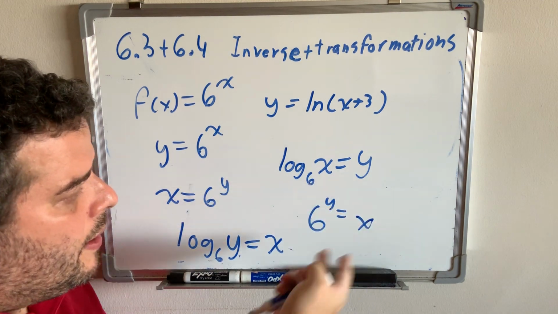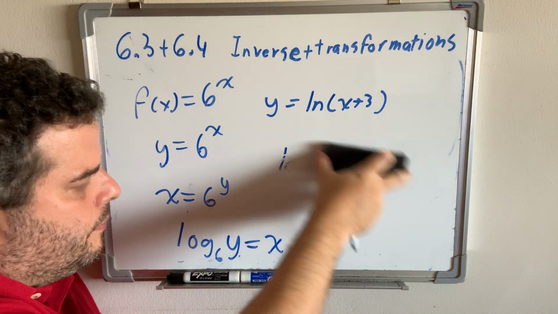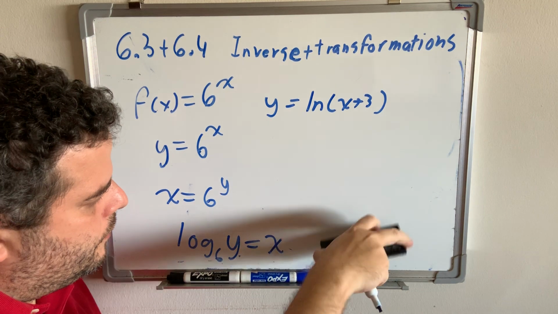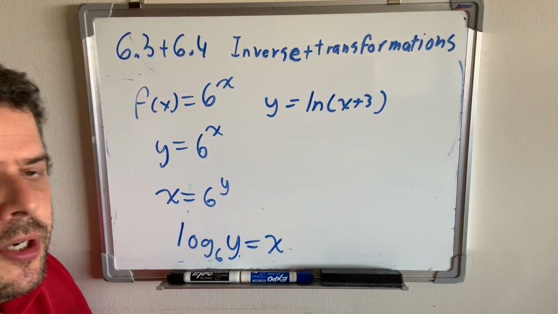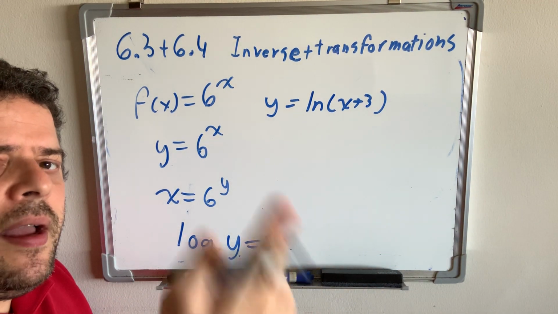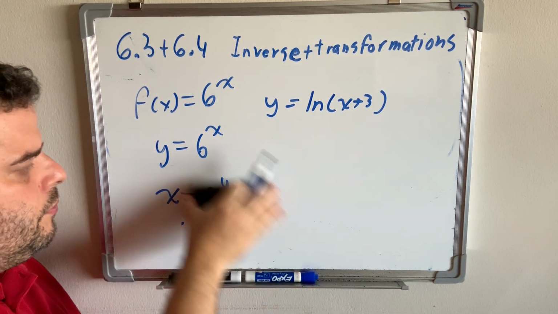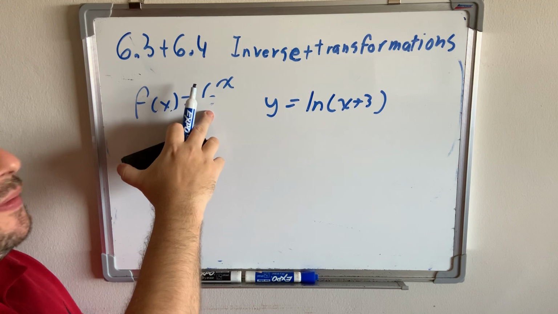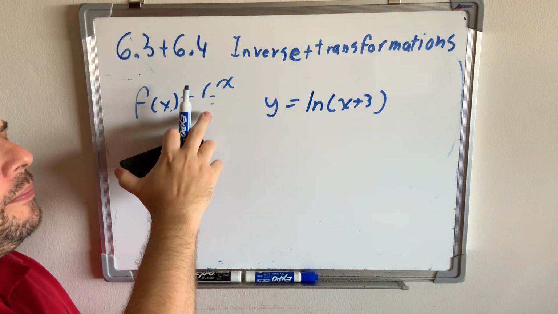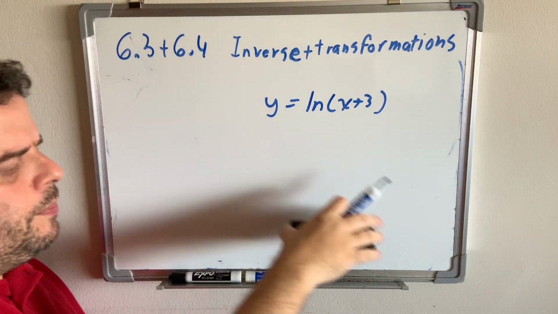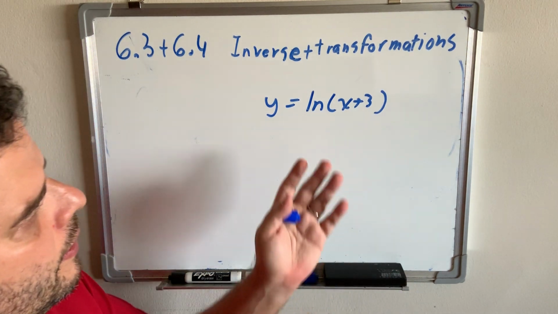Oh, actually I did. And that's pretty much it. So you just flip the x's and the y's and do the definition. Most of the time you probably won't get them like this. You might get one or two, but that's it.